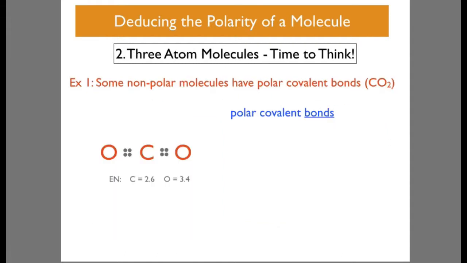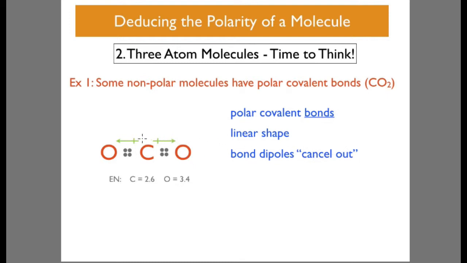What if we have 3 atoms in a molecule? Some non-polar molecules have polar covalent bonds. Okay, let's look at carbon dioxide. The carbon-oxygen bond is a polar covalent bond because the oxygen is more electronegative, and there's 2 of them in here, and we have a linear shape, but the bond dipoles cancel out.